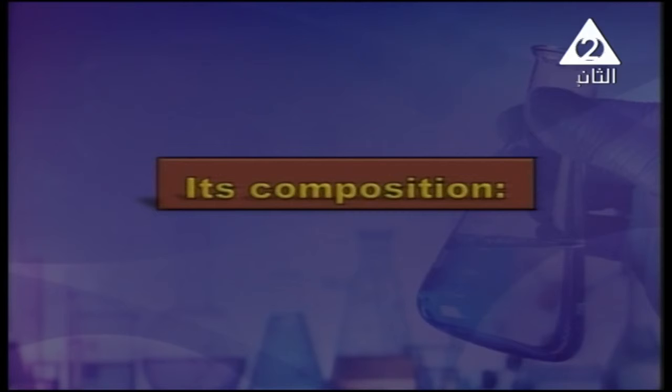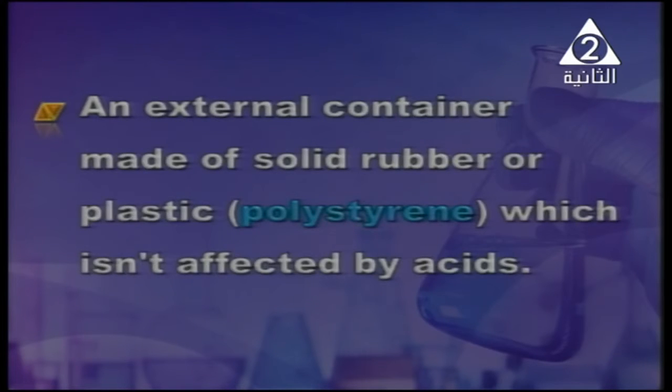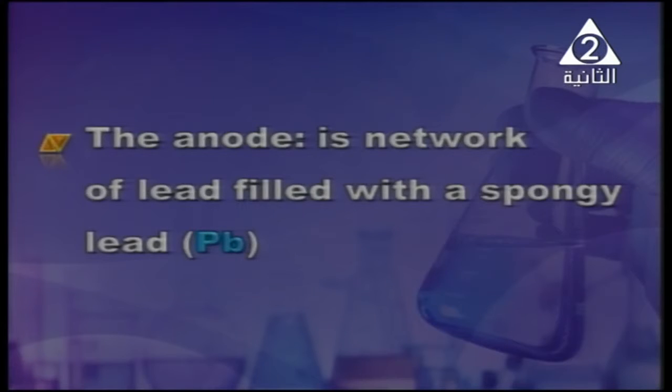What about the structure? What about the composition of this cell? The anode, the cathode, the electrolyte. An external container made of solid rubber or plastic, which is polystyrene, which isn't affected by acids. Why acid? Because the electrolyte is dilute sulfuric acid. The anode is a network of lead filled with sponge lead, Pb.